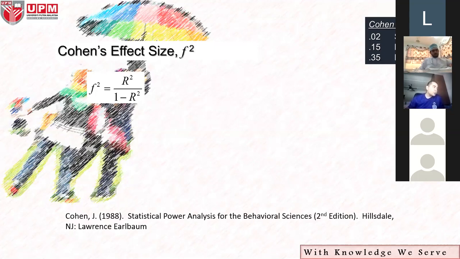Sorry lah, kalkulator saintifik saya ada orang pinjam, so terpaksalah guna kalkulator yang besar ni. 0.86 squared is 0.7396, divide by 1 minus. Sekejap.